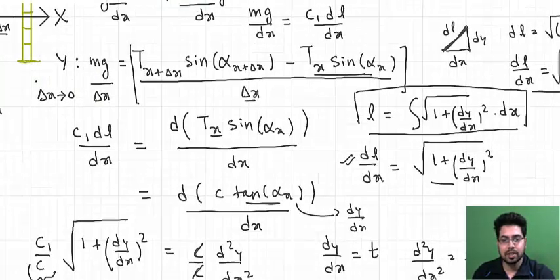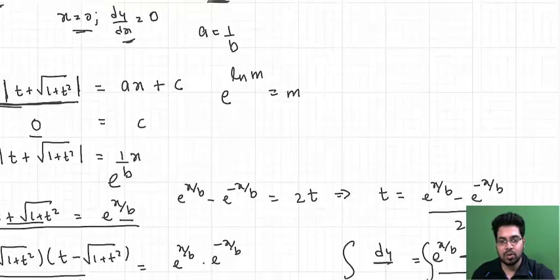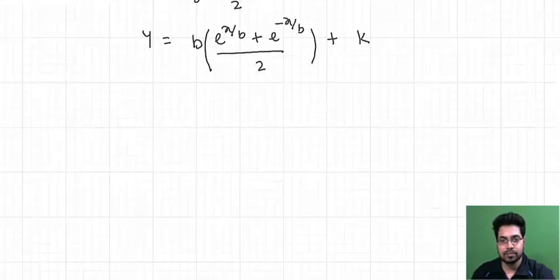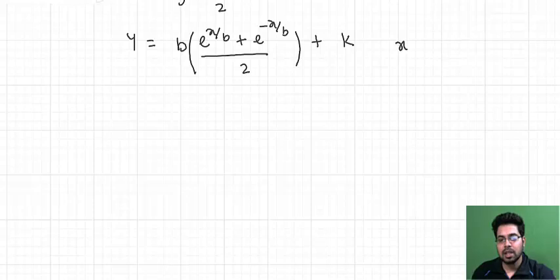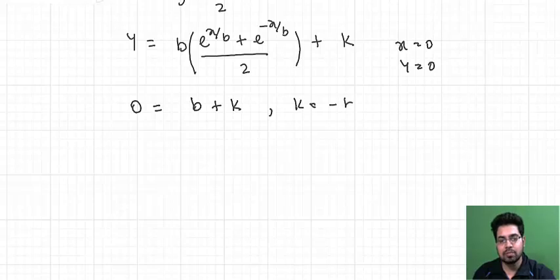That means x equals 0 and y equals 0 should satisfy this curve. So if I put y equals 0, this is going to become 0, and this expression is going to become b plus k. From here I get k equal to minus b.